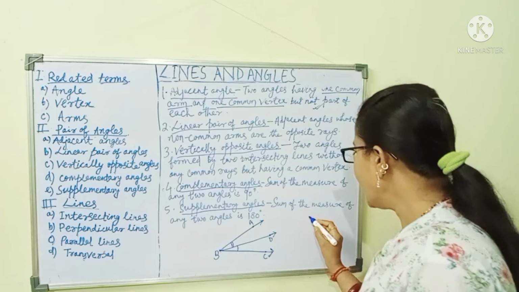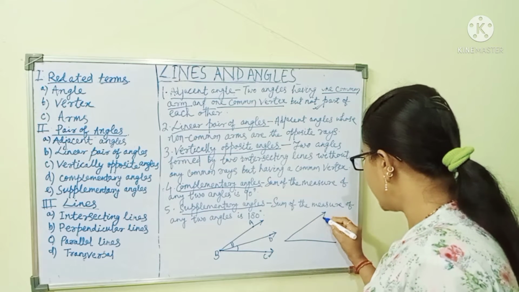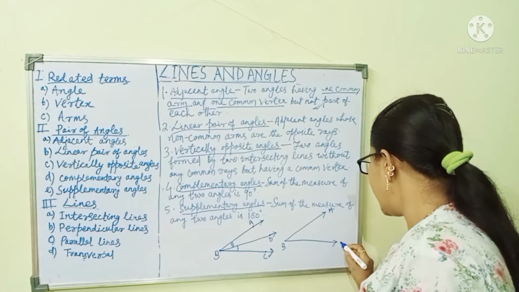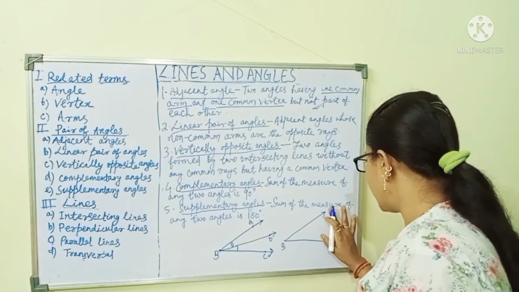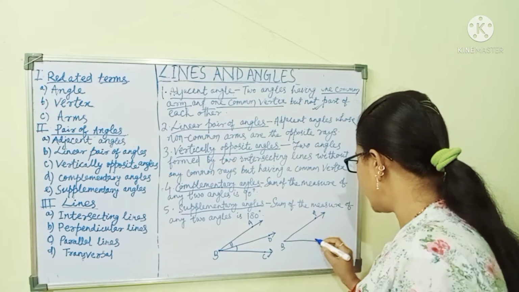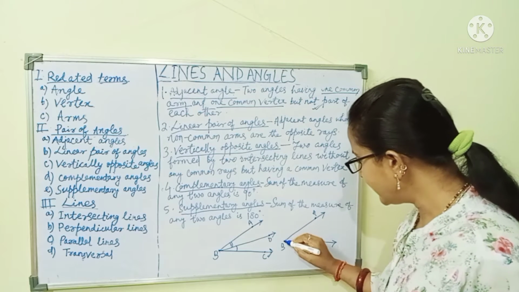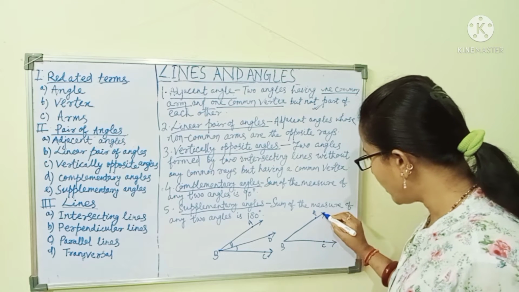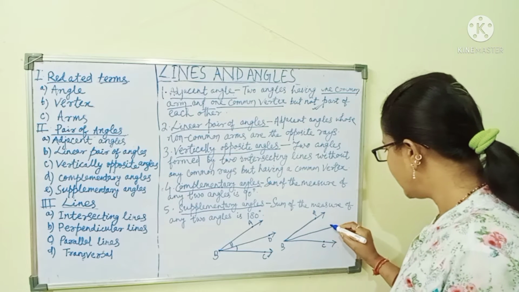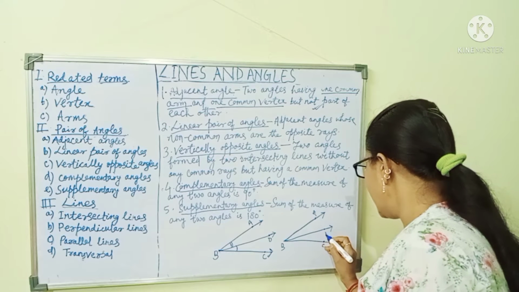Why? If I consider another angle, if this is A, B and C, and I take AB as the common arm, I'll draw another arm as ABD.